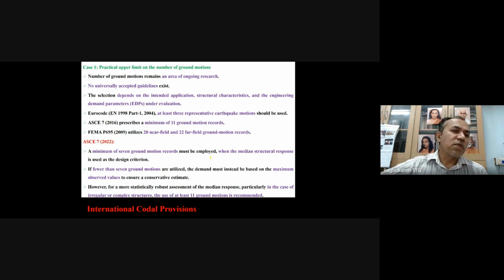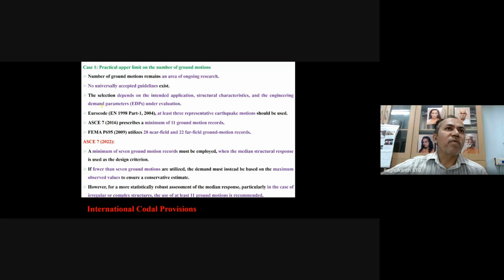So now we looked at all the international code provisions, what they are saying. For example, we saw ASCE 7, then the European code, then other international codes also, like what they are commenting on, how they are proceeding with time history analysis. Of course, for most of the codes, regarding how many ground motions I have to use, whether 3 or 7 or 11, there is no consistency actually.